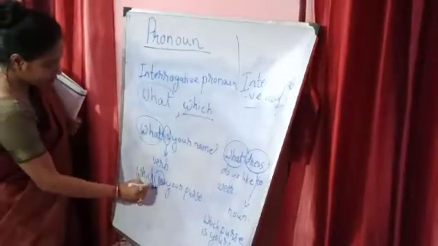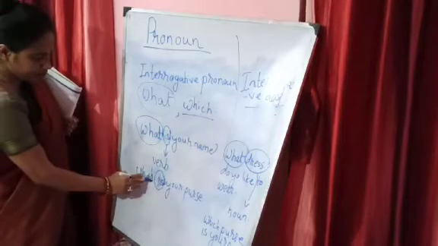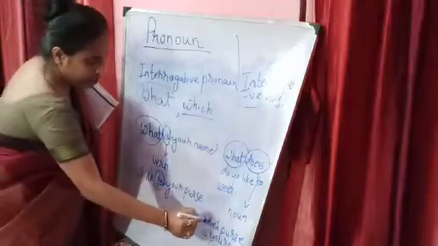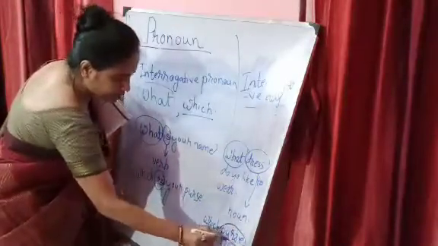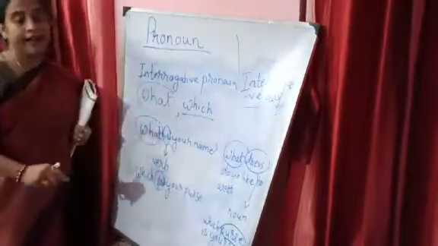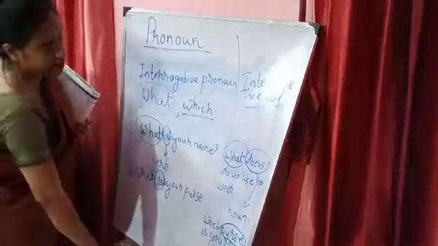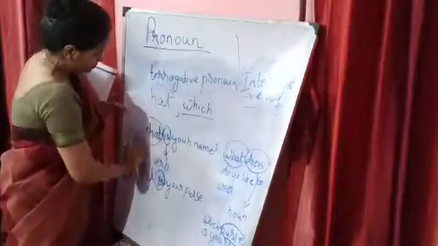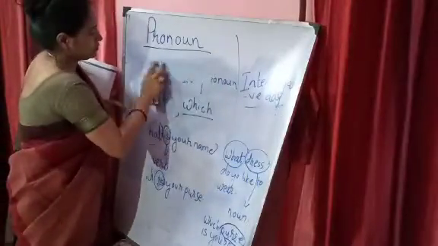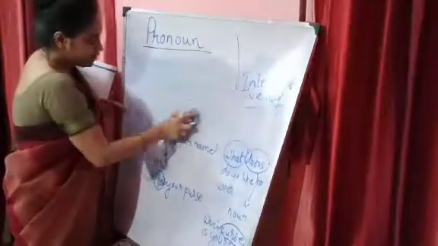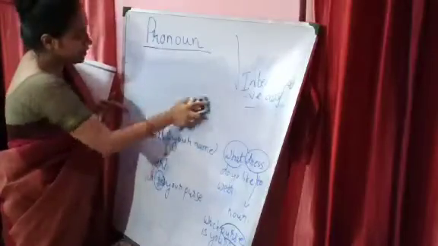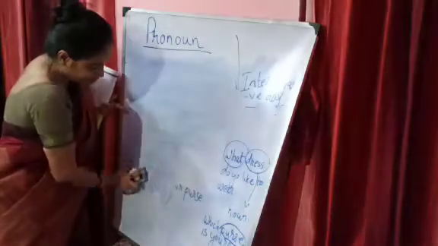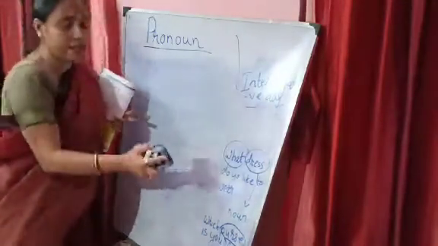Which is your purse? After which you find the verb over here, so it is an interrogative pronoun. After which you find the noun over here, so it is an interrogative adjective. Make this conception clear, my dear children. It's clear to you? Now I am rubbing the board. In this chapter, particularly in interrogative pronoun, I had to make your conception clear regarding this, and I think it's clear to you.